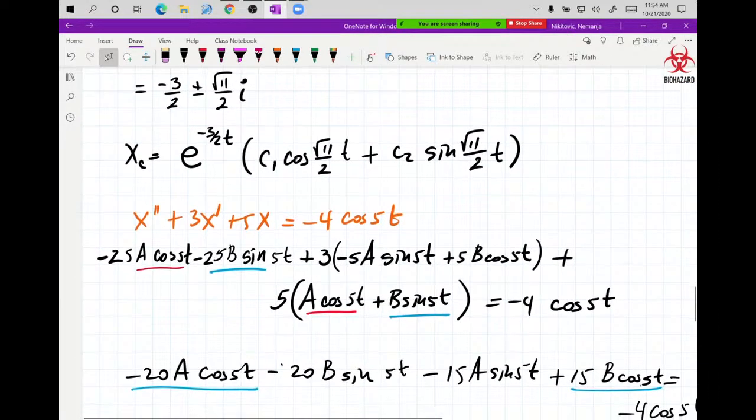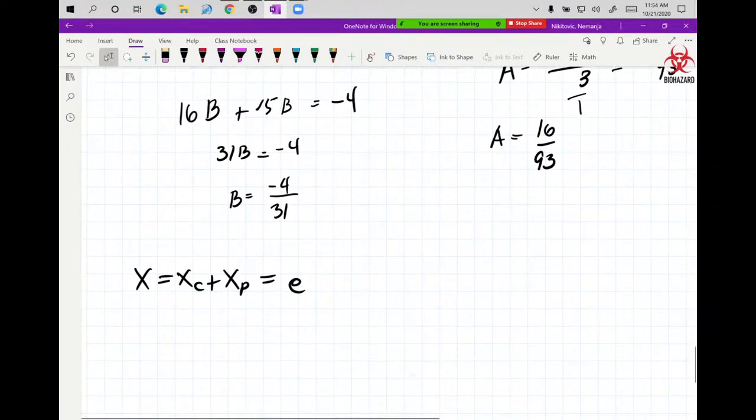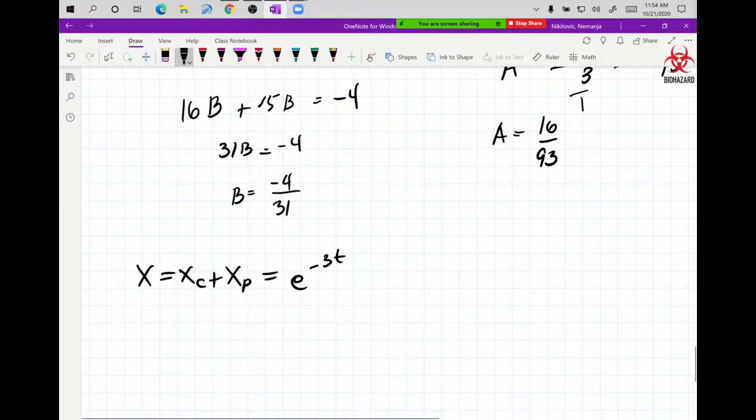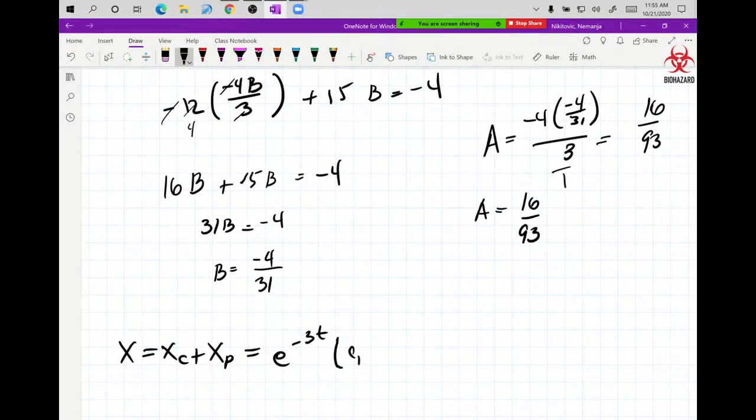So xc is equal to e to the negative 3t, open parenthesis. We do not have c1 and c2, so that's going to stay as cosines.